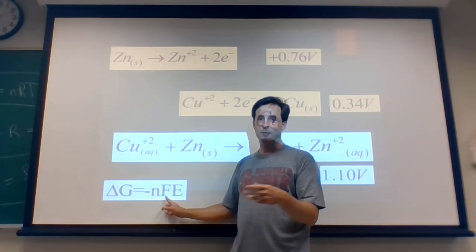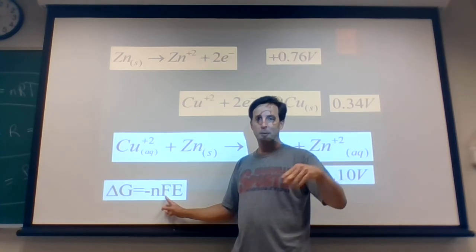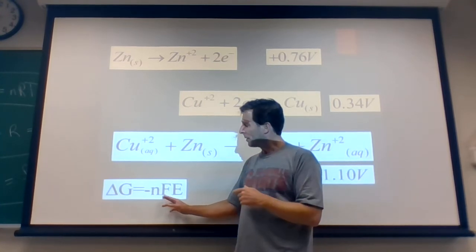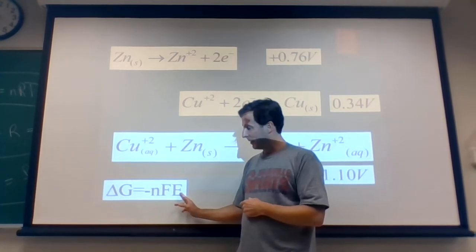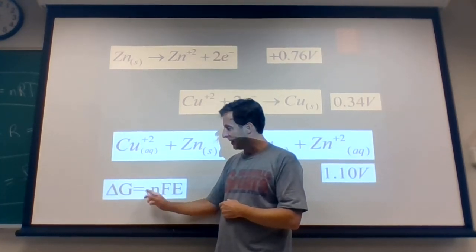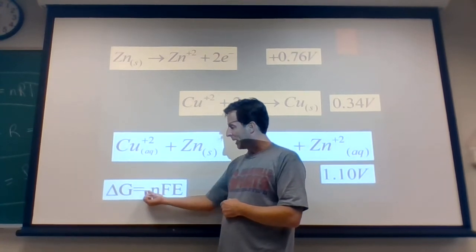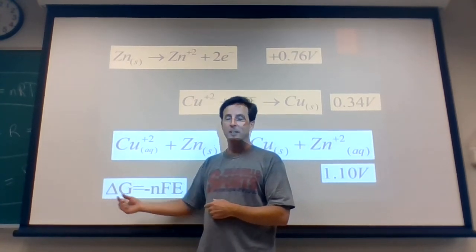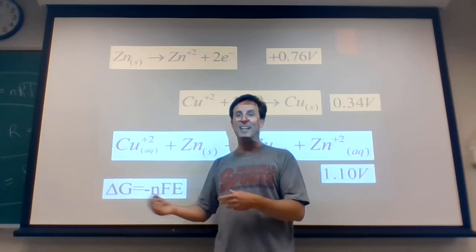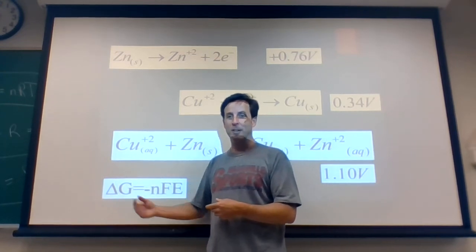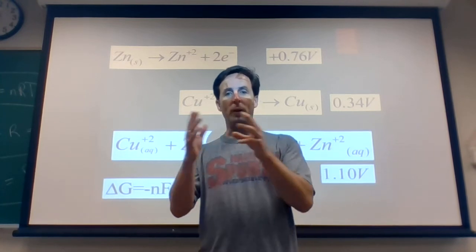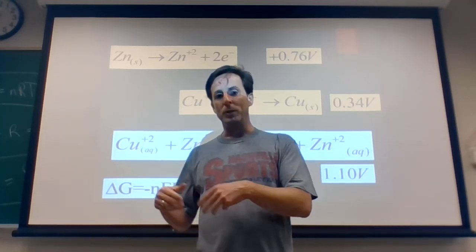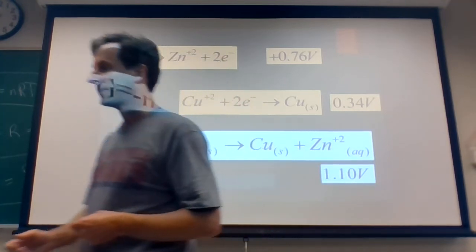It's 96,500 something. It's on the formula sheet. If n, F, and E are all positive numbers, the equation has a negative here. So 3 positive numbers times the negative is going to give me a negative delta G. In order to have a spontaneous reaction, that's what I need. I have to have a negative delta G. So just remember, a positive E value corresponds to a negative delta G, which gives you a spontaneous reaction.